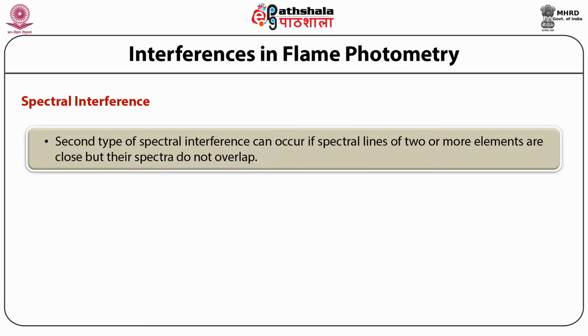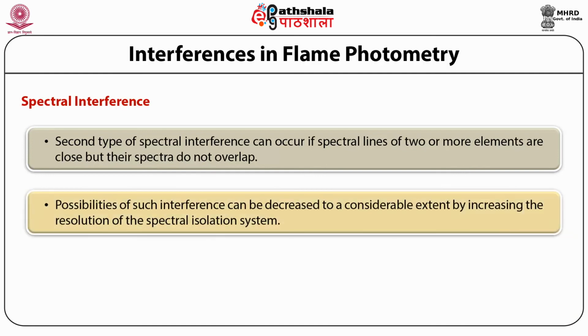The second type of spectral interference can occur if spectral lines of two or more elements are close but their spectra do not overlap. This type of interference is especially troublesome when a filter is used as a spectral isolation device. With a filter, spectral lines separated by as much as 50 to 100 angstroms may pass through the filter to the detector, thus resulting in an incorrect readout signal.